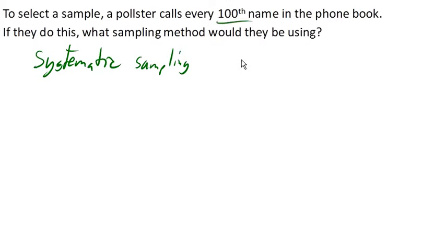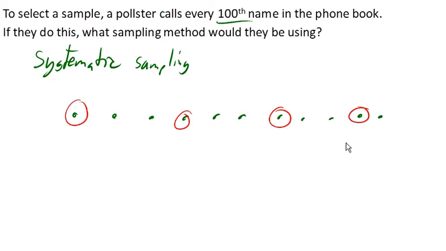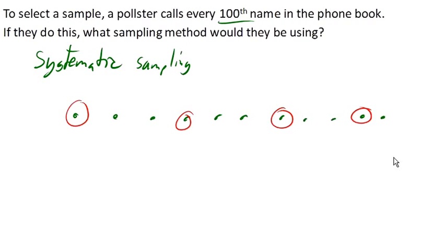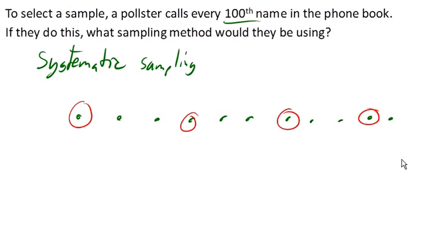So for example, if I had a bunch of information here, I could say I'm going to take the first one, skip 2, take the next one, skip 2, take the next one, skip 2, take the next one, and there is my sample. This kind of method, taking every third or every 100th item, is called systematic sampling.